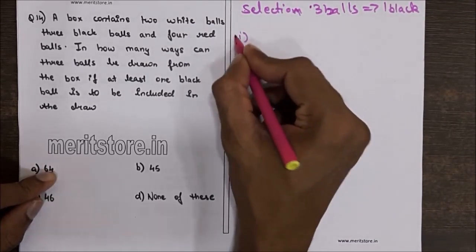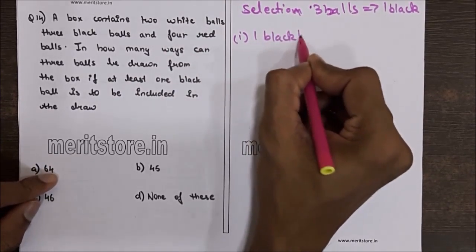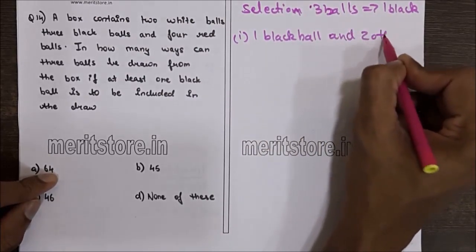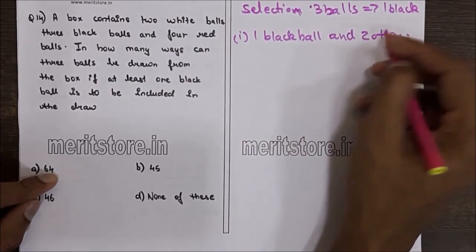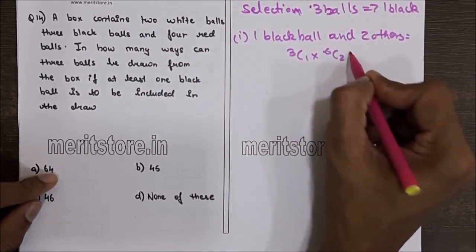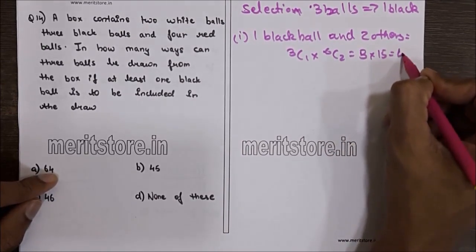The first way is 1 black ball and 2 others, which can be written as 3C1 into 6C2, which is equal to 3 into 15, equal to 45.